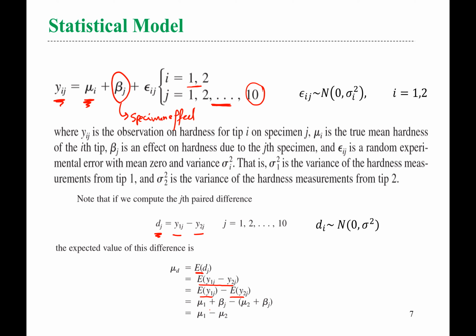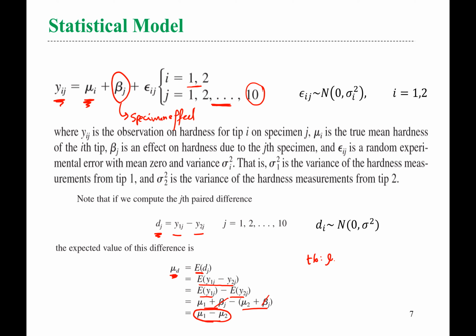The expected value of y1j is mu1 plus beta j, and this is the expected value of the second one. Beta j cancels with beta j. It's mu1 minus mu2. So mu d is an unbiased estimator for the difference between mu1 minus mu2.